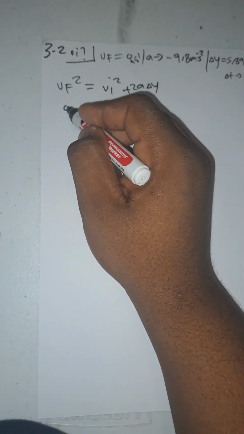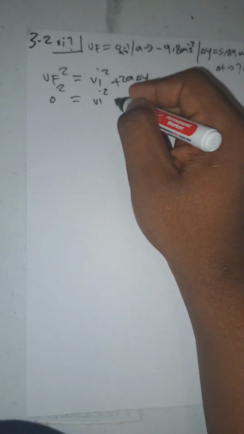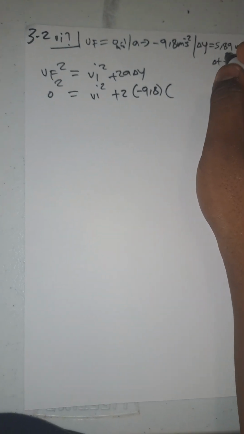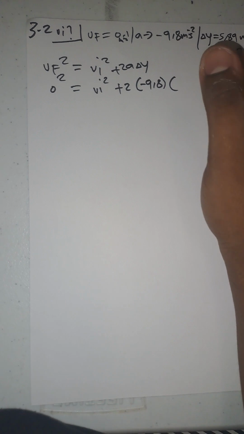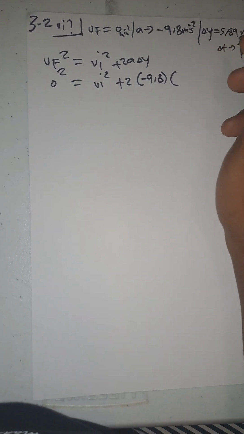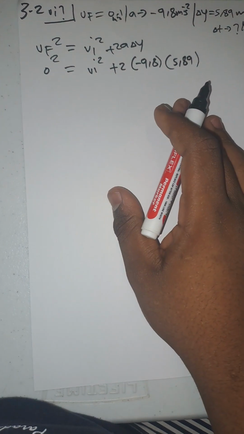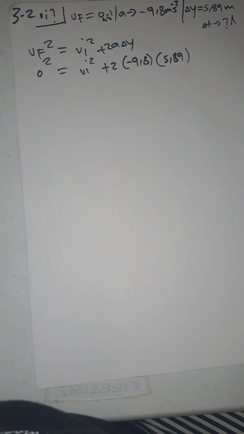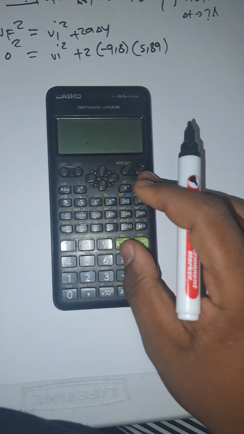VF squared is obviously equal to 0. They are looking for VI, plus 2 times negative 9.8, then the height, which is 5.89. Now I simply have to multiply these things, so you can take out your calculator and multiply them, taking them to the other side.